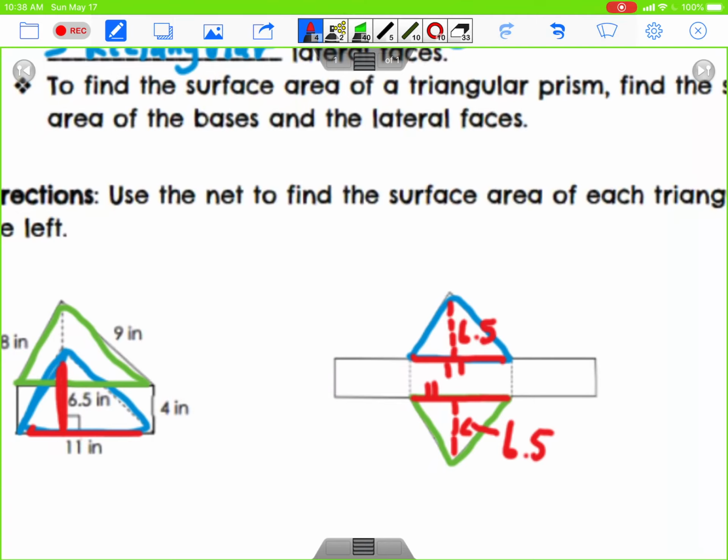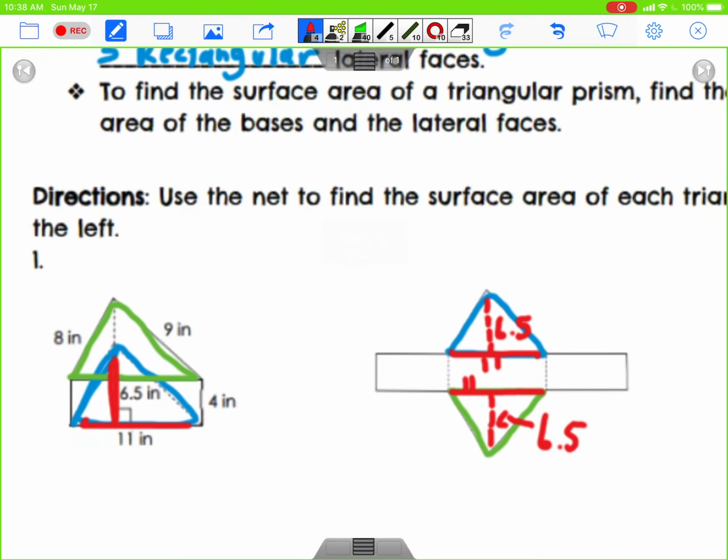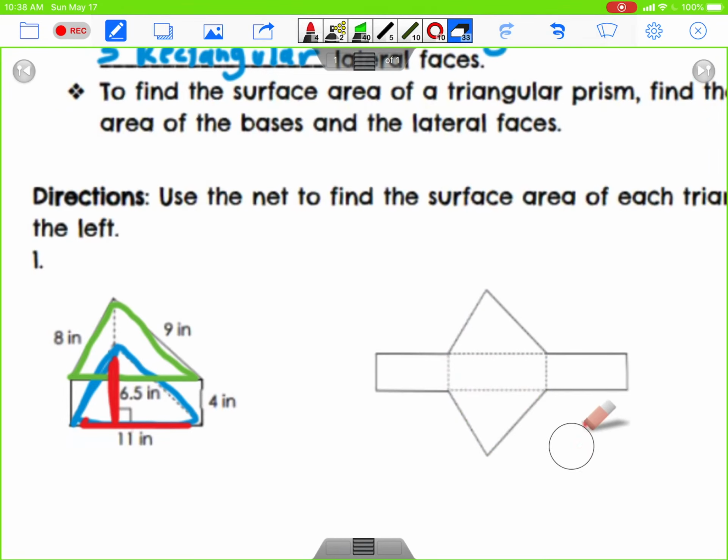Once we have that, we can go for our other rectangles. Now this is where it gets kind of tricky for some people, because you don't know where the numbers go. What I usually do is I go with my smallest number first. So let's clean this up a little bit here. That's 6.5, and that's 11.